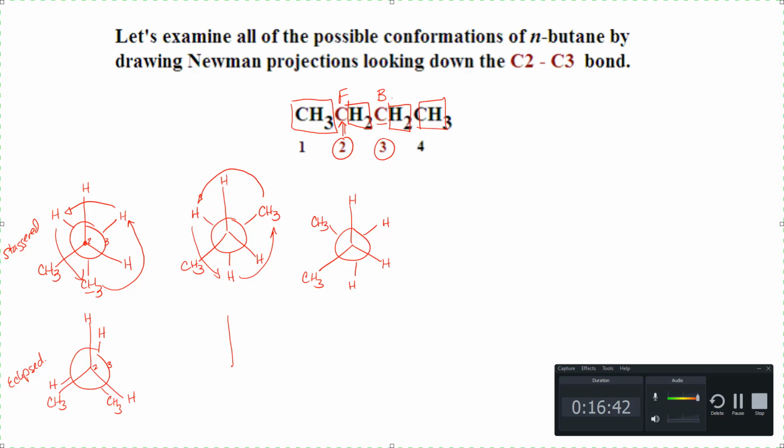So there is staggered, eclipse conformation number one. Then I'll draw the second and the third of the eclipsed conformations.